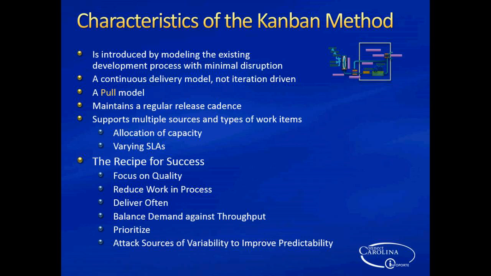And that comes down to the prioritization and then the continuous improvement process, which is attack the sources of variability so that you can increase your productivity and gradually, therefore, increase the number of work items that get through in a given time.